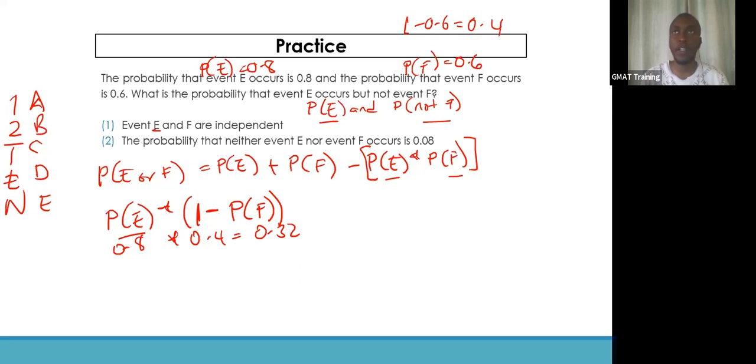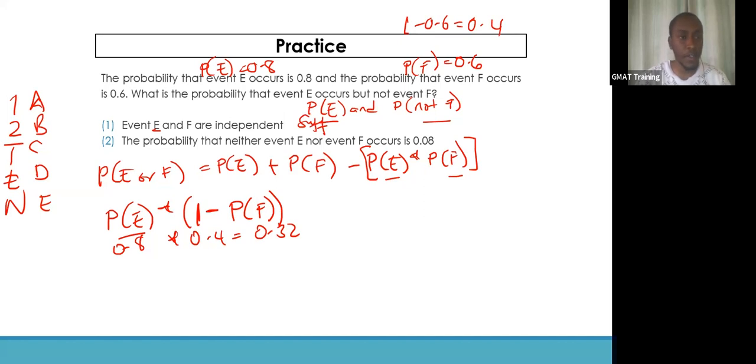If you had other instances where you don't know if the events E and F are independent, dependent, or joint, then you wouldn't have a path to finding the probability of E happening but not F. So in this case, you already have a path. You don't have to calculate this. You already know that you can find the probability that E occurs but not F. Then statement 1 is sufficient.